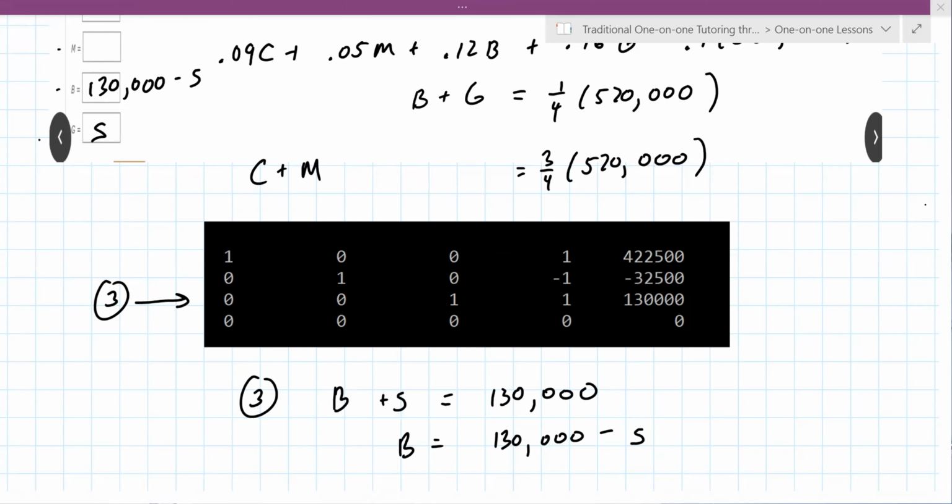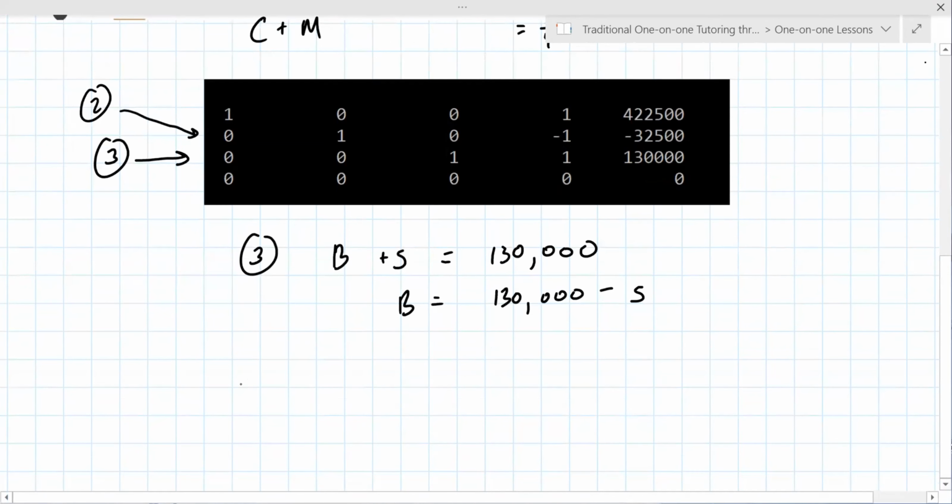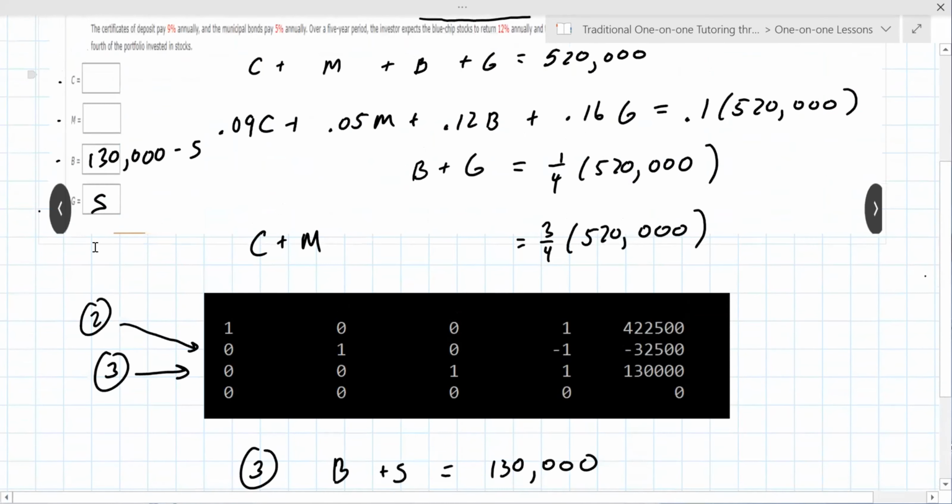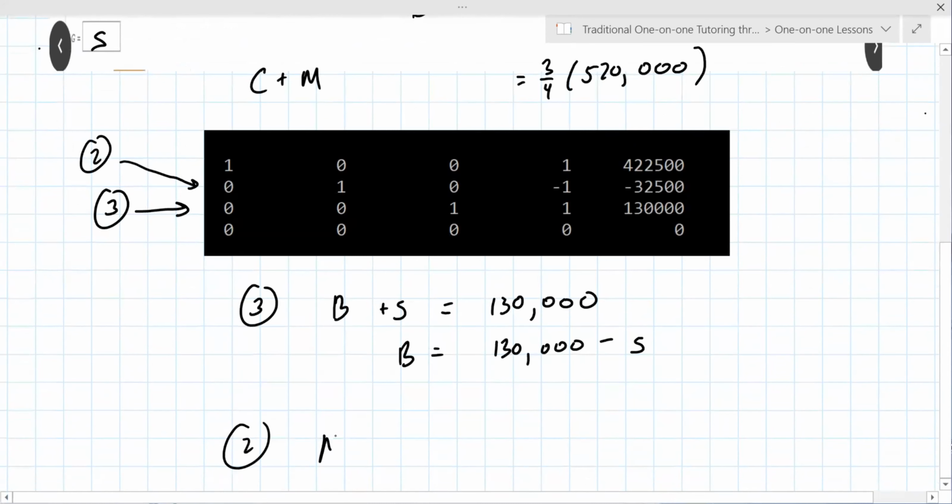Okay. So from the second line, the second column corresponds to the second variable M. So it says M minus S, because it's -1 here, equals -325,000.